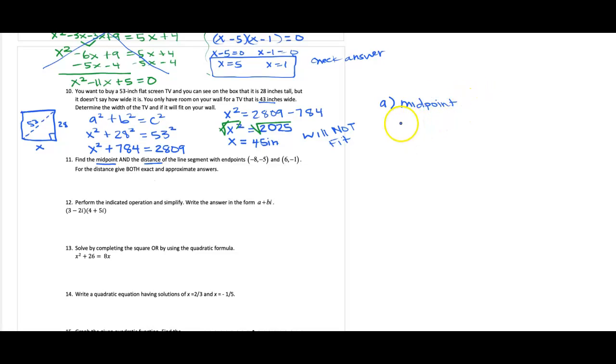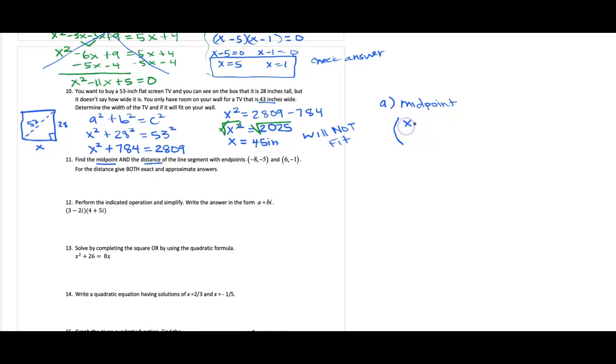So the midpoint formula, think about if you were trying to find exactly the middle of something, it's like you're taking the average of our x values and the average of our y values. So when you're trying to find the average, you add the numbers up and then divide by how many there are. And so in this one, that's why the formula looks like this. It looks like an ordered pair because it is.